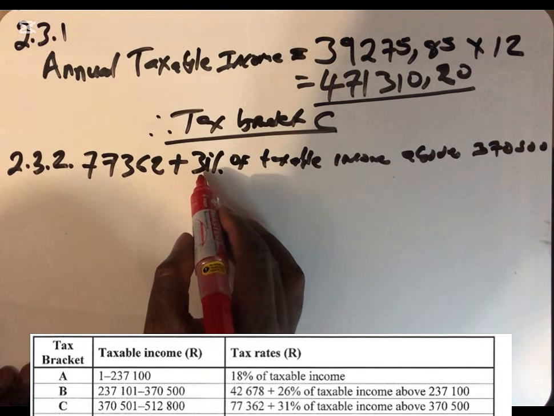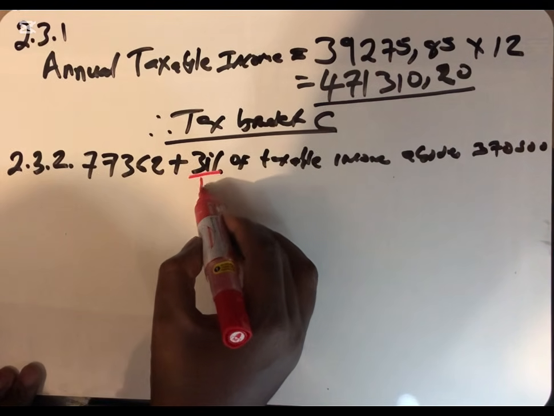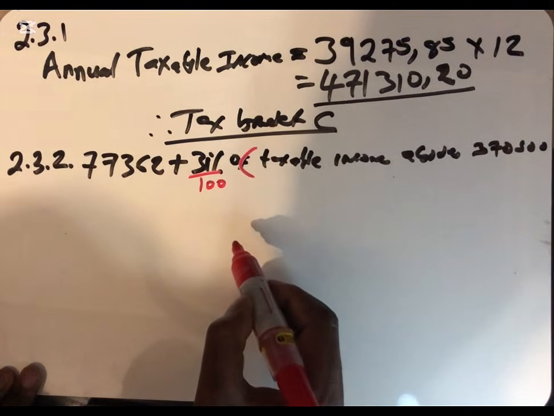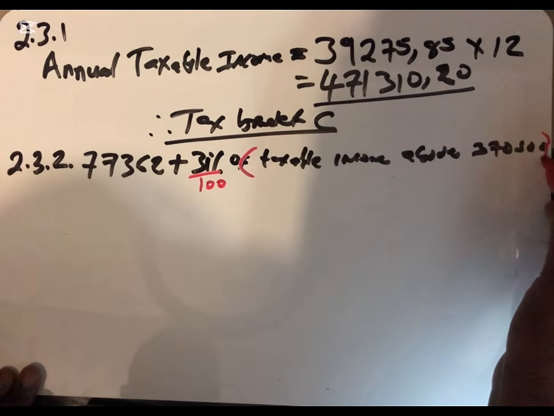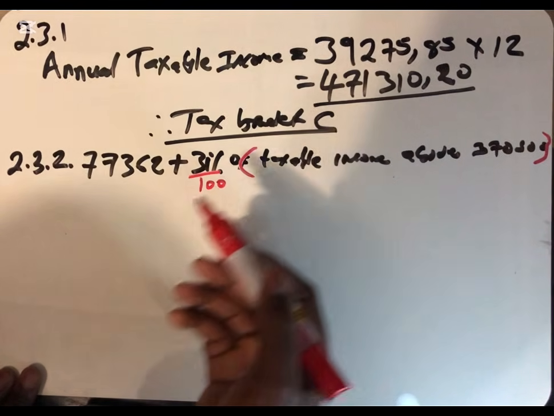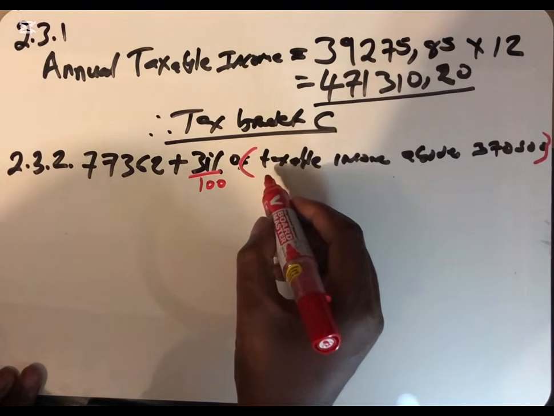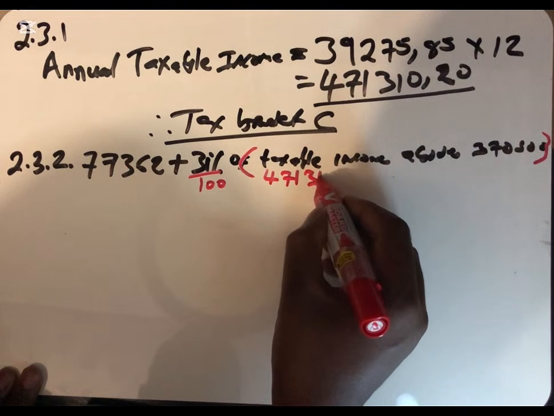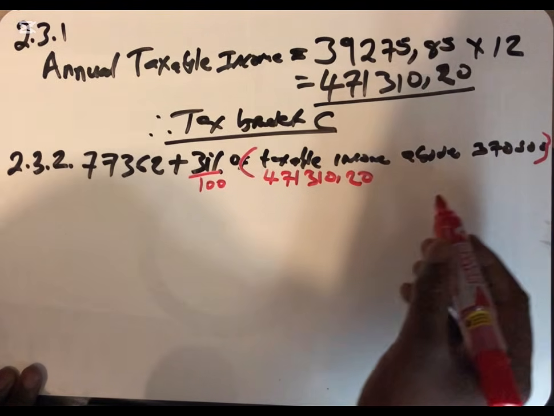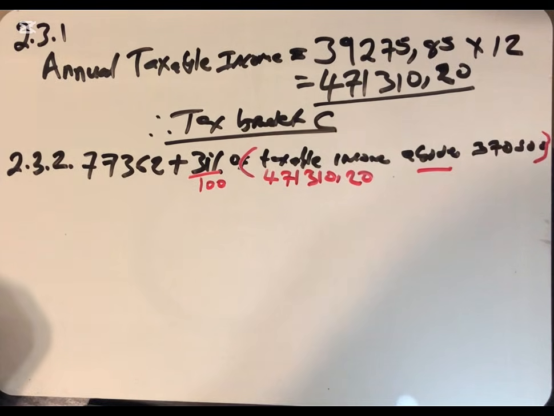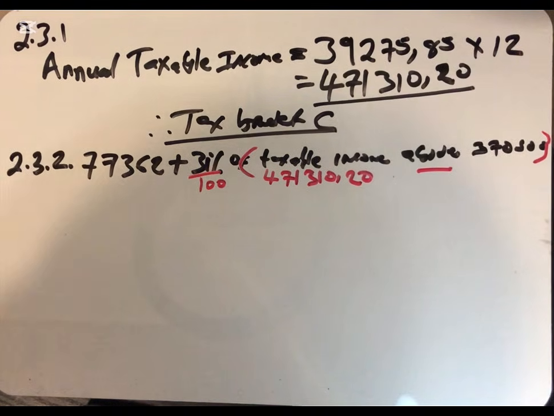Where it is written percentage, you just say over 100. Where it is written 'of', you just open a bracket and close the bracket on the other side. Where it is written taxable income, don't forget the previous question we calculated the taxable income. You just write 471,310.20. Where it is written the word 'above', you just write minus. So now if you check, you have interpreted that in the best way.